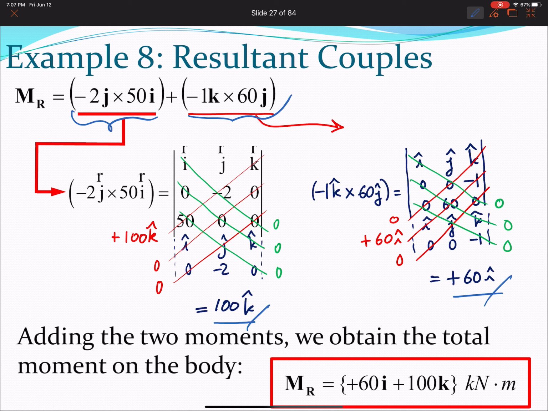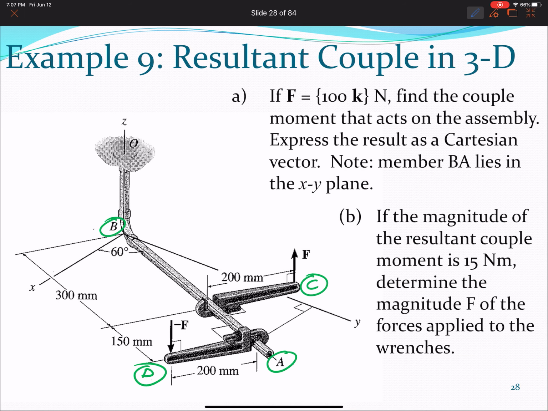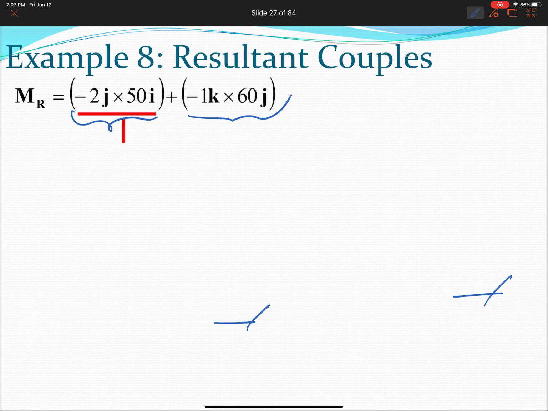So what did we just do? We saw that a rigid body was acted on by two couples, and we calculated the total moment that rigid body was experiencing. What if that body had been acted on not by couples but by forces? So let me just go back a few more slides.